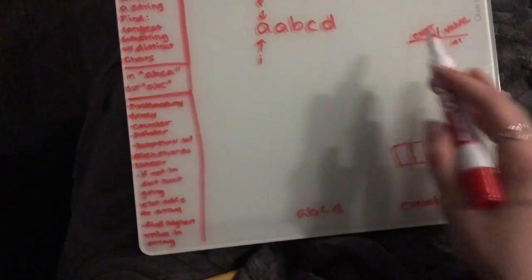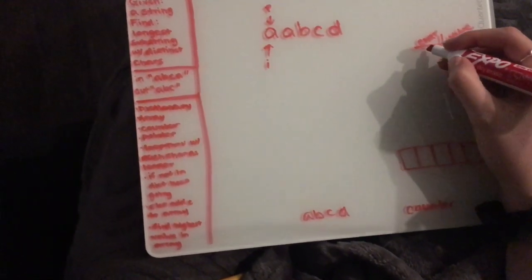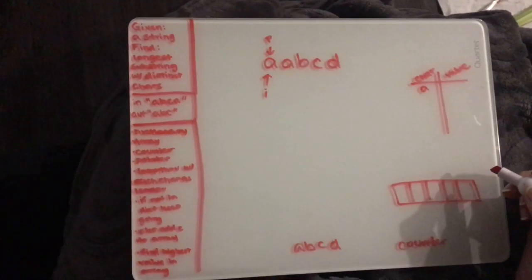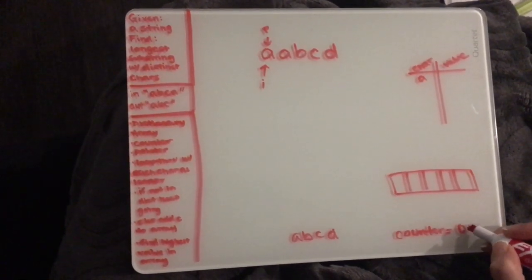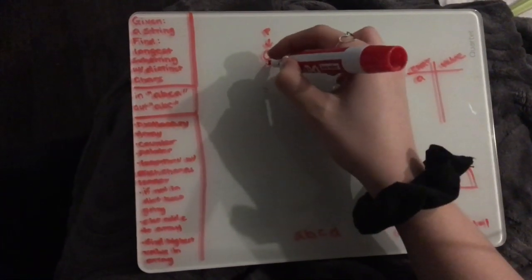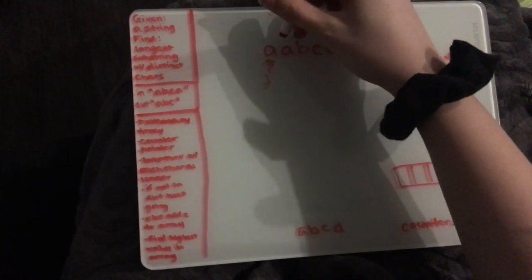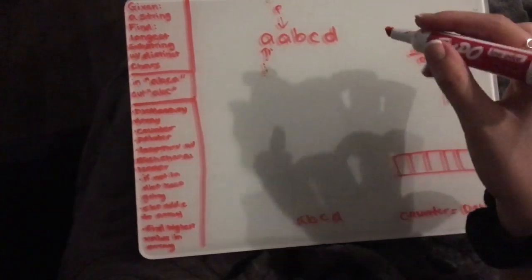and check if it's in the dictionary. So is A in the dictionary? No, so we'll add it to the dictionary and increase our counter by 1. Then we'll, oh wait, no, I will stay here. Pointer here, is A in the dictionary?